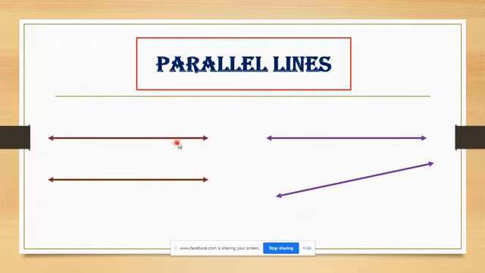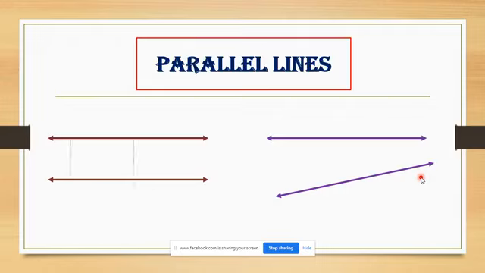These lines are increasing, but the distance between them is the same, and these two lines are also increasing infinitely towards both ends, but the distance between these two lines is becoming less and less, or it can even increase.